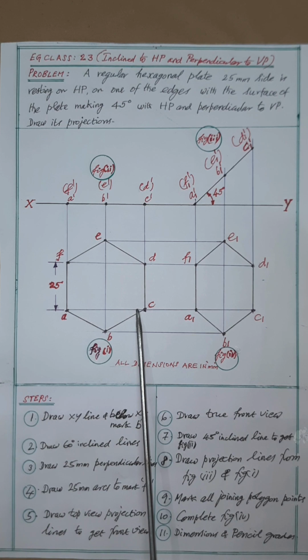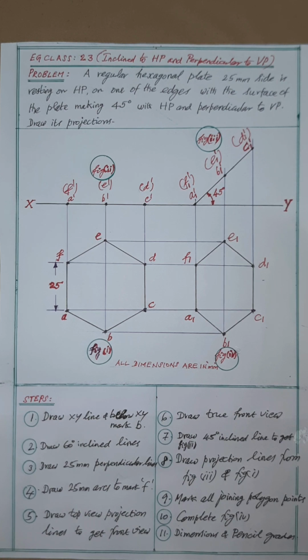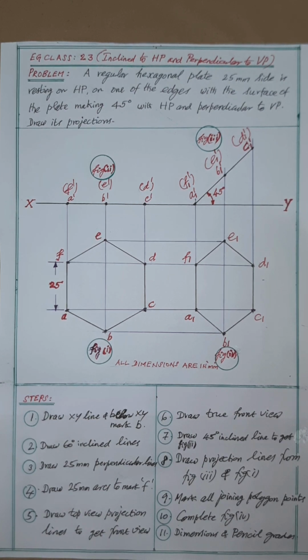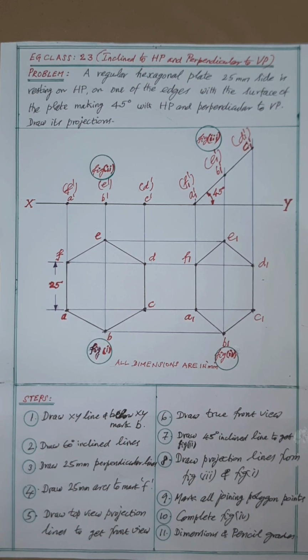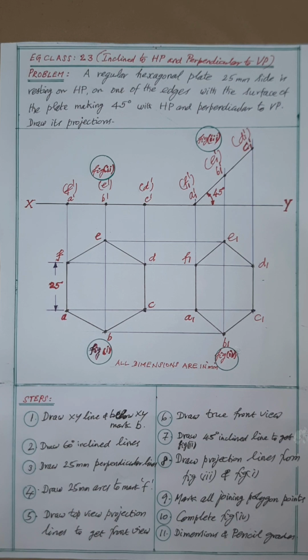For clear understanding of this video class, the previous E.G. video class 22 should also be seen earlier to this compulsorily and may be compared with this class for clarifications. Now, listening to the problem, it is given inclined to horizontal plane and perpendicular to vertical plane, and so the final view shape cannot be drawn in the first step as it is.